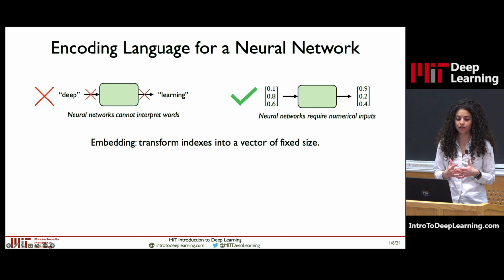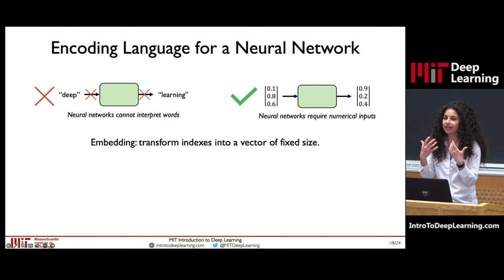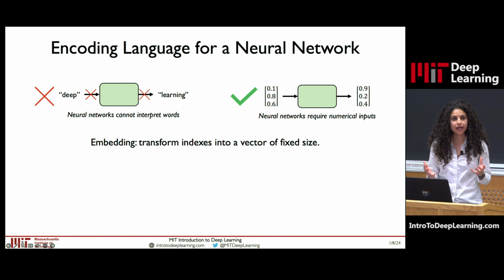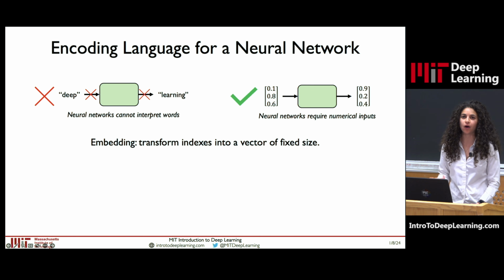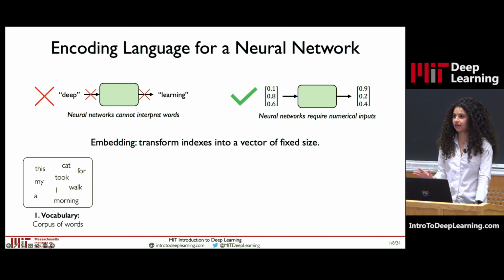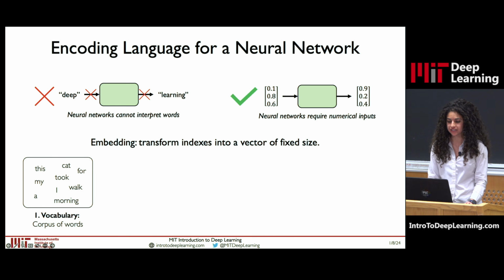This gets at this idea of what we call an embedding. And what that means is we want to be able to transform input in some different type of modality like language into a numerical vector of a particular size that we can then give as input to our neural network model and operate on. With language, there are different ways that we can think about how to build this embedding. One very simple way is, let's say we have a vast vocabulary, a set of all the different and unique words in English, for example.